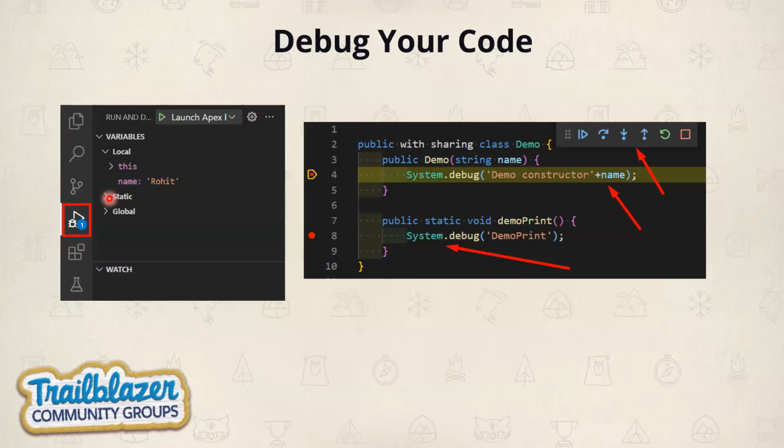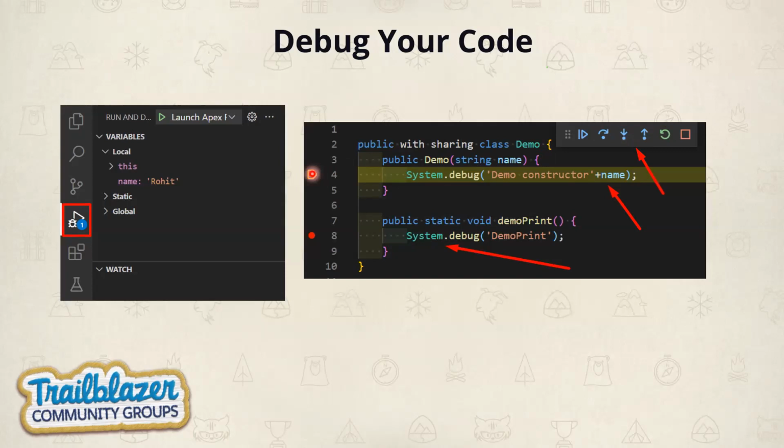So you will see these options: continue, step over, step into, and here you can see stop and reload. Okay, once you click step into, the debugger automatically comes to the breakpoint.